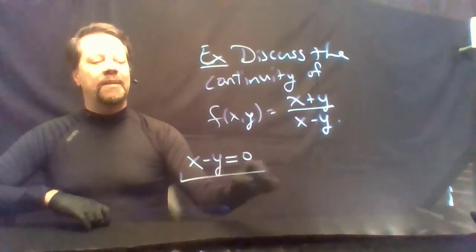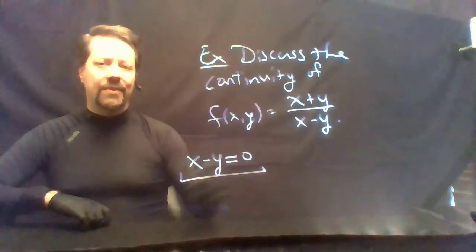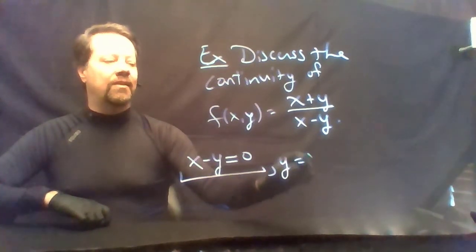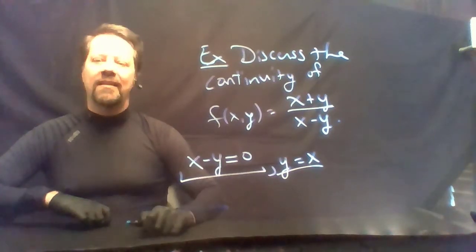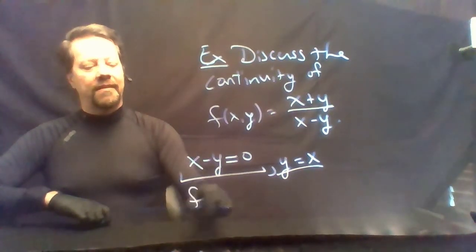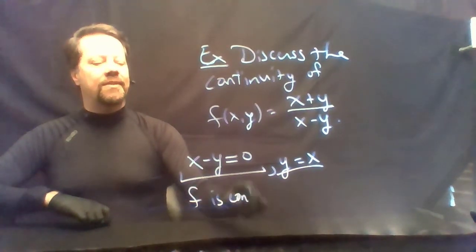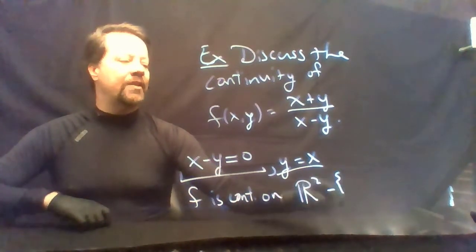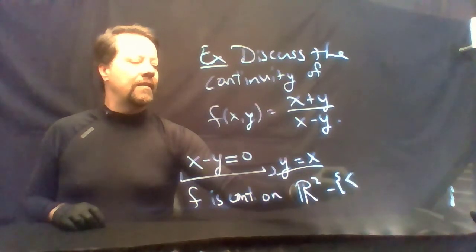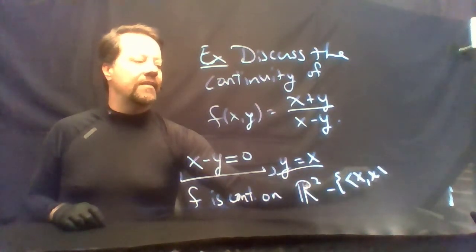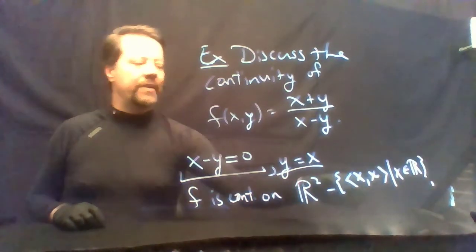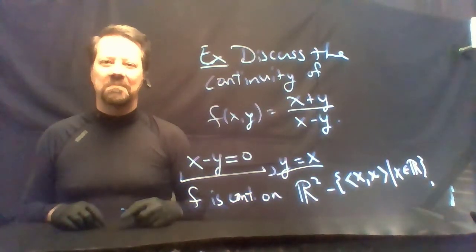So the only places where x minus y equals 0 are points where we fail to be continuous. Those are places along y equals x. In other words, f is continuous on all of R2 except the points (x, x). Those are the points where y and x are the same.